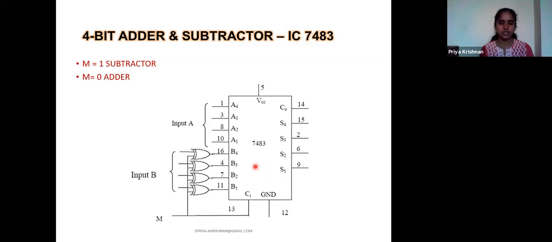The XOR gates are connected to the B inputs and given to the M control. If M is 0, it is an adder. If M is 1, it is a subtractor. So using just two ICs, one IC for the XOR gates and one IC for the 7483, we can realize an adder as well as a subtractor.